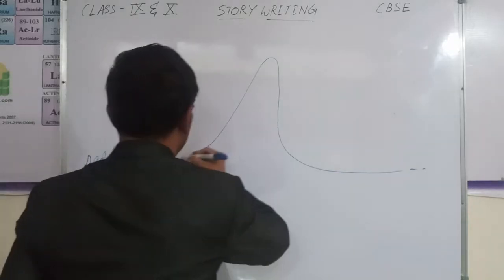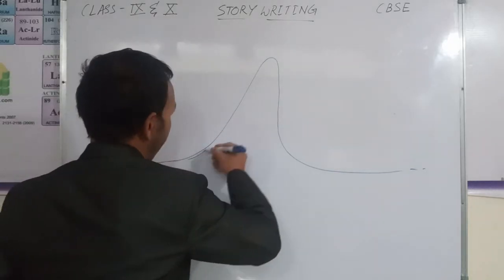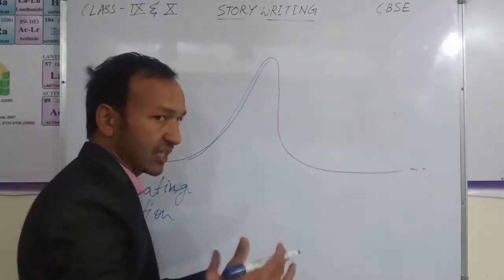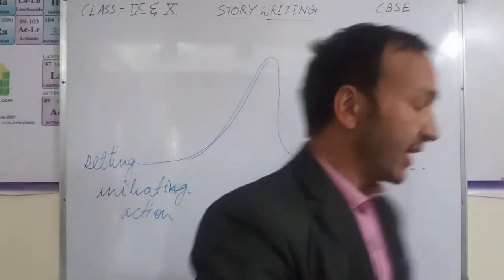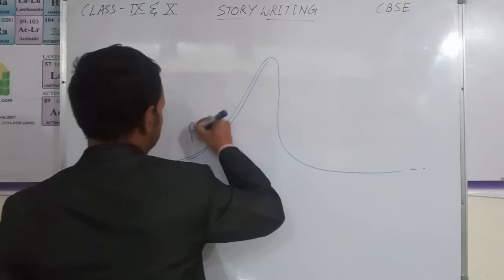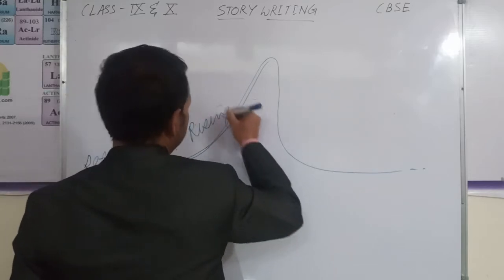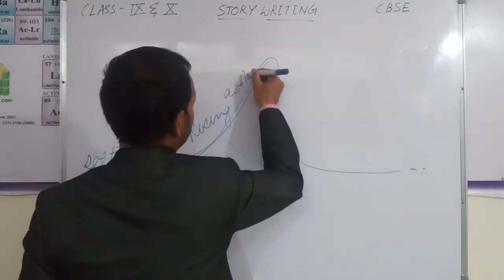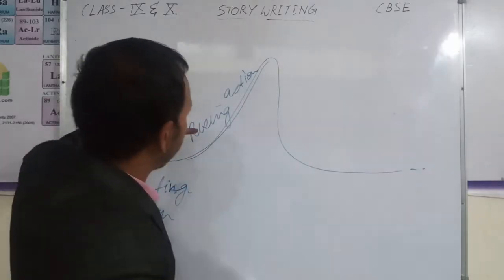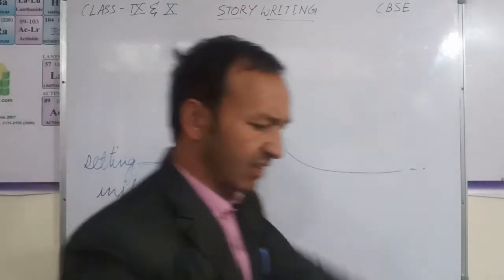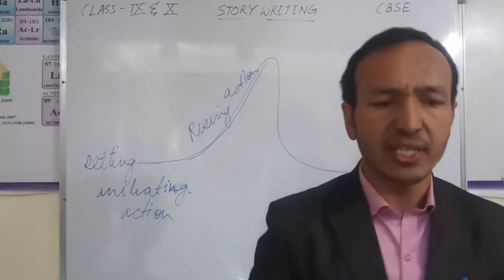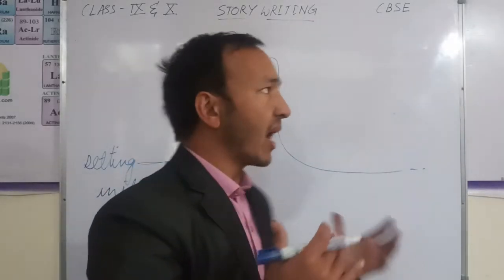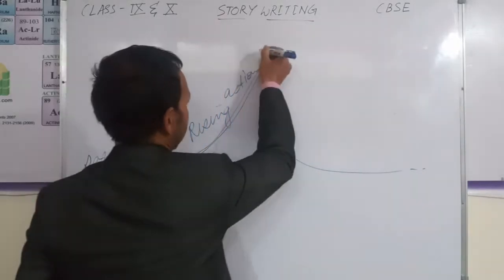Thereafter, you write your story and you build your characters into conflict. Here comes the rising action. The rising action goes up to some extent where the story reaches its climax.